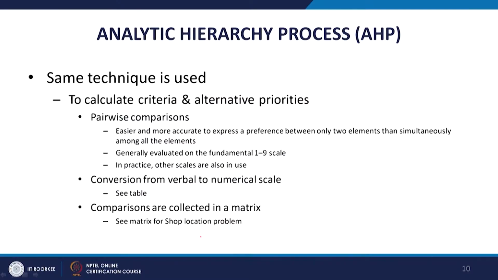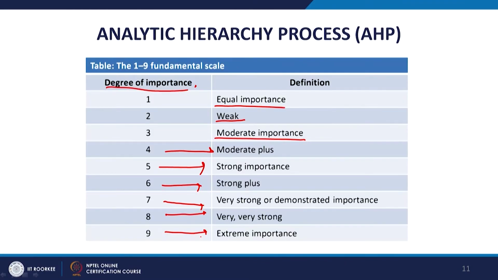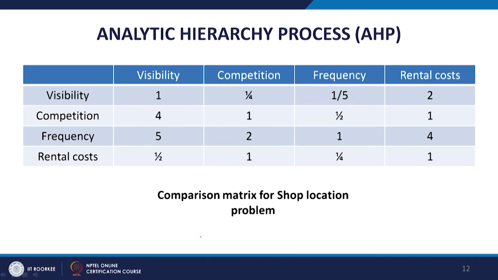Now, let us talk about comparisons. Comparisons are typically collected in a matrix. As we talked about in the hierarchical structure, first the comparisons would be among criteria. So, for the 4 criteria that we have for the soft location problem, it is going to be 4 versus 4. Each criterion is going to be compared with some other criterion in the set.